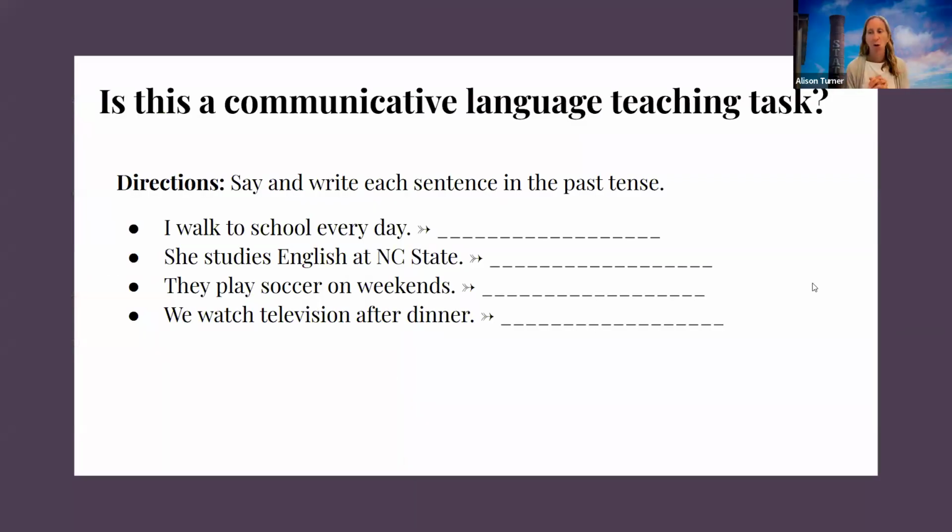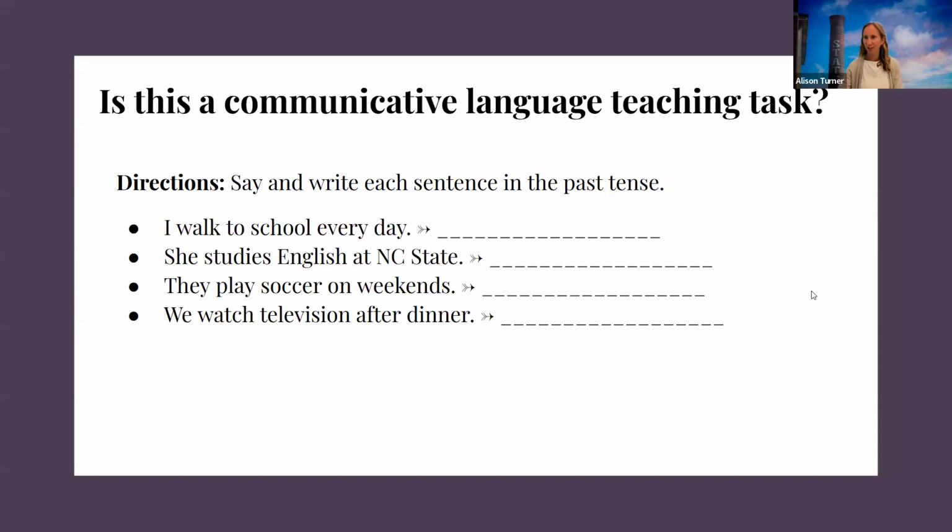All right, so first question, is this a communicative language teaching task? If I said to you, say and write each of the sentences in the past tense. So I walk to school every day, you would change it to I walked to school every day, etc. Okay, so what do you think? Does that seem to be a communicative language teaching task? Right?